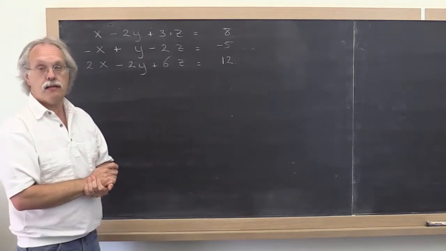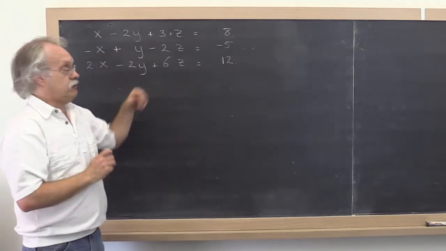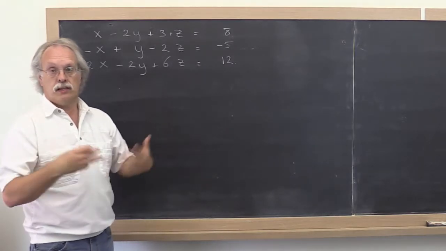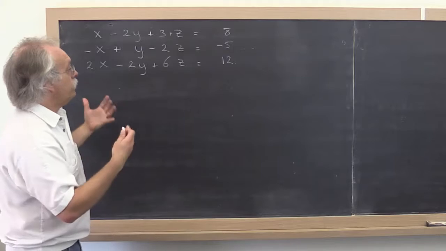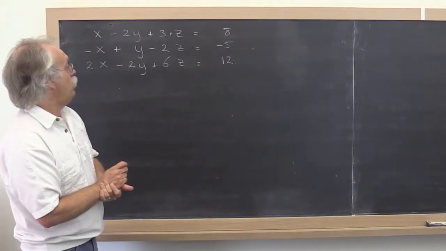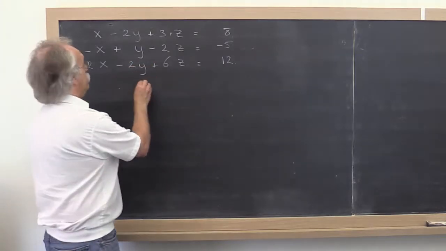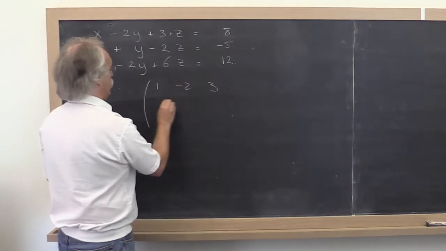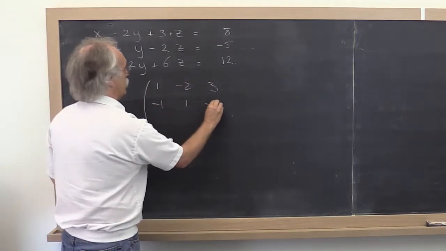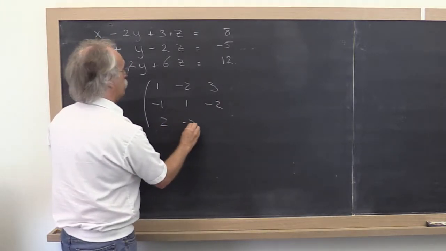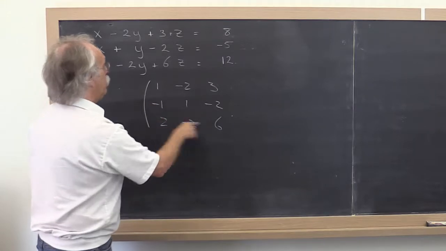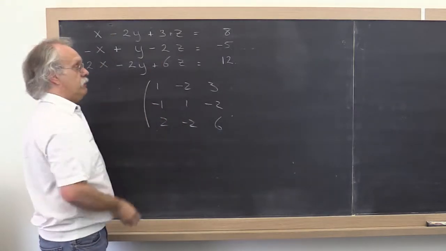Now, because it was a lot of bother carrying all of these symbols x, y, and z around, what you were then told was to create a 2-dimensional array with the coefficients. So we would end up with 1, minus 2, 3, minus 1, 1, minus 2, 2, minus 2, 6. And you recognize that this simply captures everything that's up here.